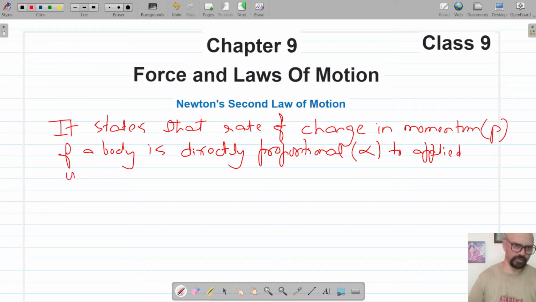That is, the force should be unbalanced, or we can write it more specifically as unbalanced force. Right. Okay, and it takes place in the direction of force. It's obvious.